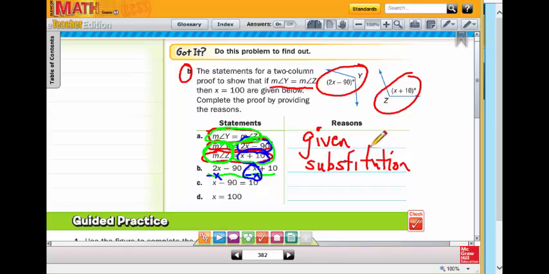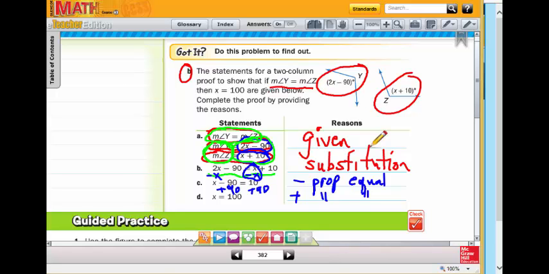So this is the subtraction property of equality. And then lastly, we're going to add 90 to both sides of the equation. So this is going to be the addition property of equality. And that is our solution.